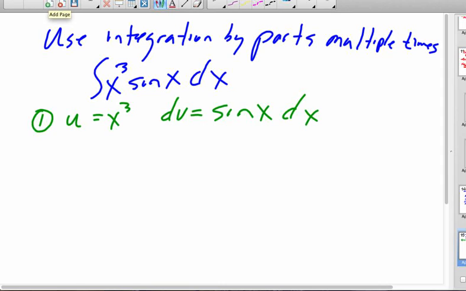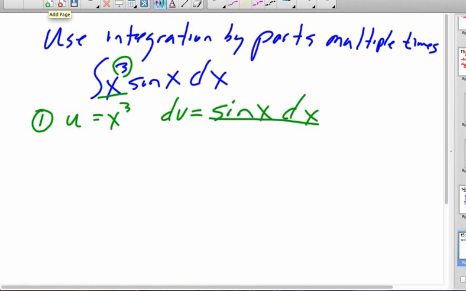Now at this point I take a look at this and say, well, if all I had was just this, in other words, if I could make this guy go away, then I'd have a really nice little integral. Now remember, we're taking the derivative, but this is x cubed, so this gives me some idea that I'm going to have to do this thing 3 times to bring my x cubed down to a dx.